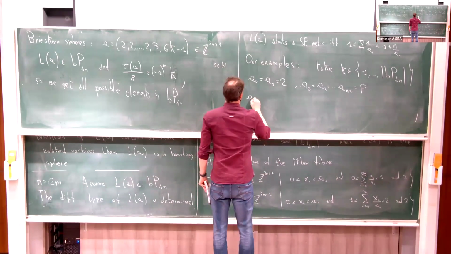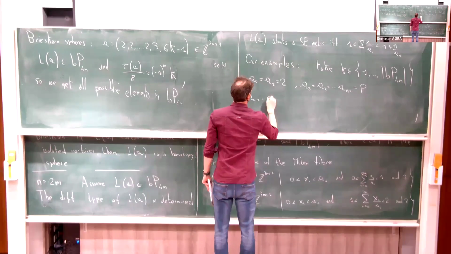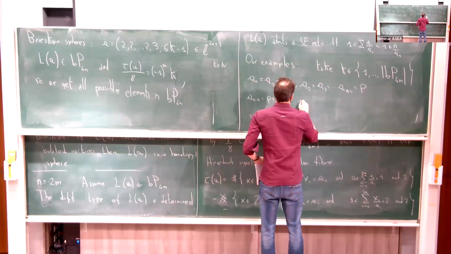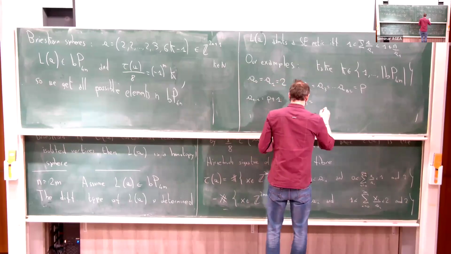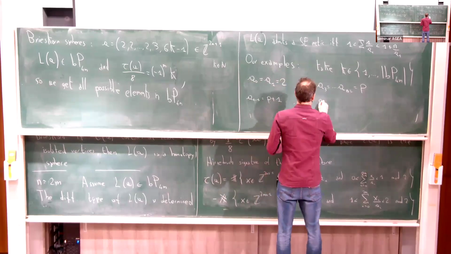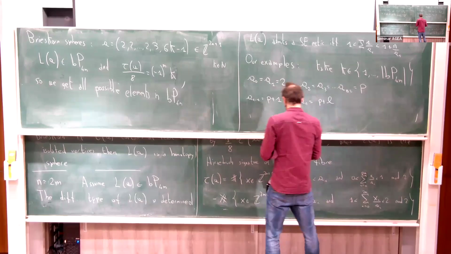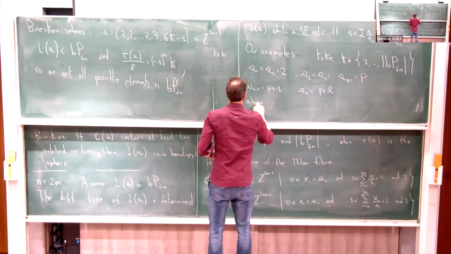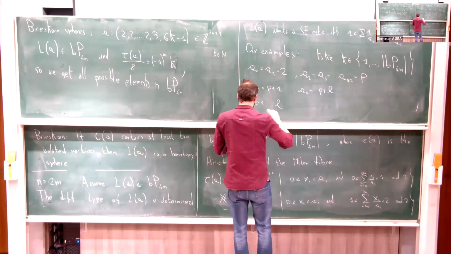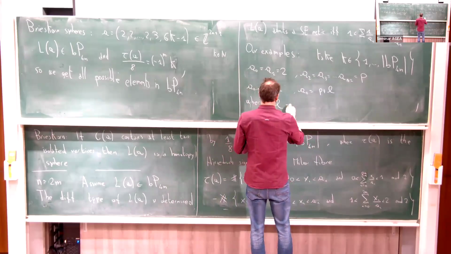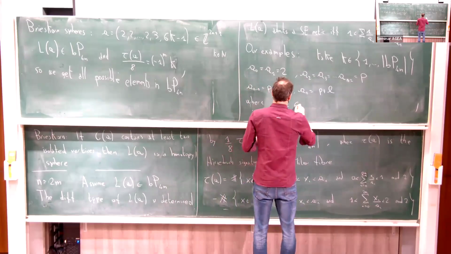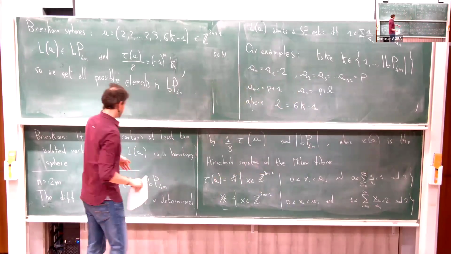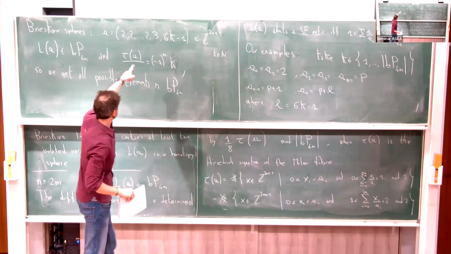Then a_{n-1} is going to be p plus 1, and a_n is going to be p plus l, where l is just 6k minus 1, like in Brieskorn's construction.